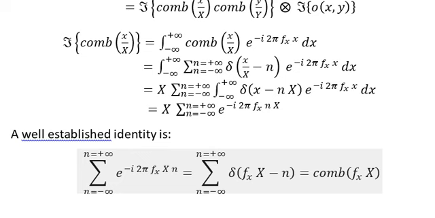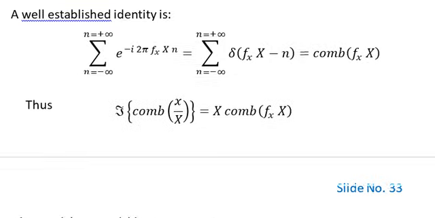And this identity, if you use the comb function definition we have given above, if you want to write this expression in terms of the comb function, we have given the definitions above, comb relating to the expression of this summation sign, then you can write that this is equal to comb of fx into capital X. So what we have done is that we can now write the Fourier transform of this comb function after solving this identity.